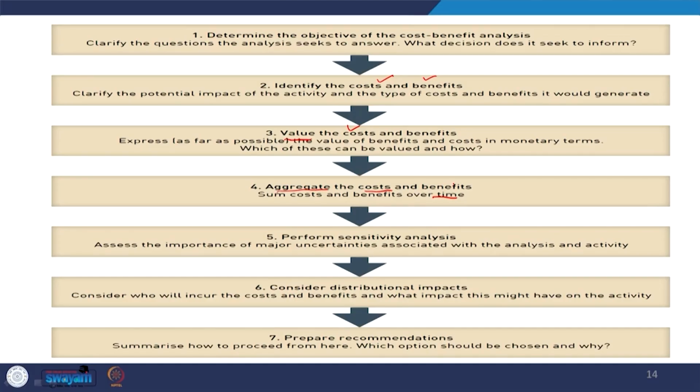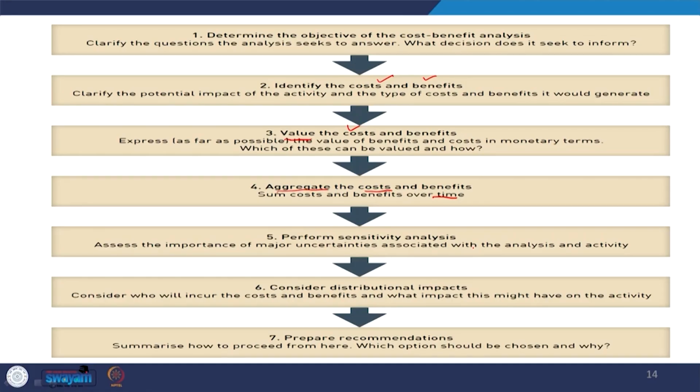So, we need to find out those sensitive factors by doing this exercise of sensitivity analysis. In that way you can find out which is the most volatile factor that may impact our possible decision.